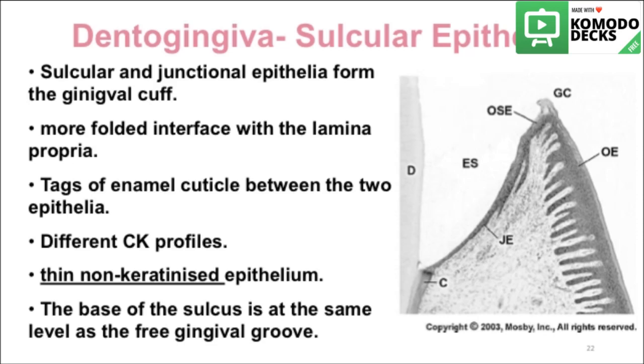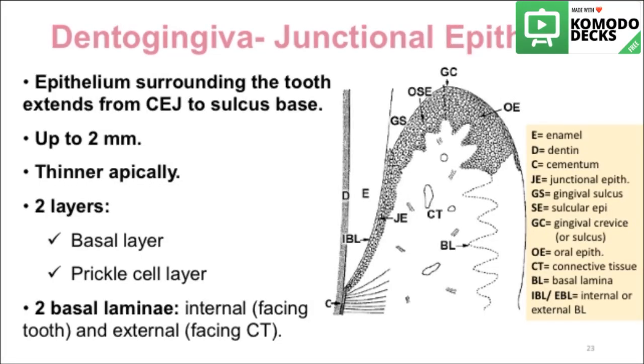To compare between both, the sulcular epithelium has a more folded interface with the lamina propria compared to the junctional epithelium. The junctional epithelium extends from the cemento-enamel junction towards the gingival sulcus base.